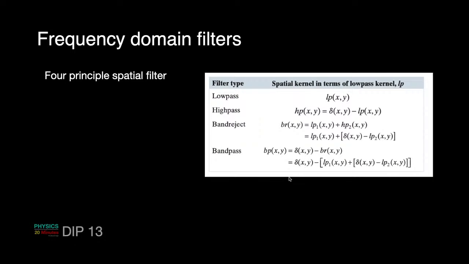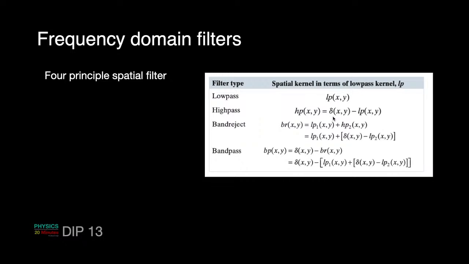Here is the mathematical relation. LP(x,y) is the low pass filter, a function of x and y position on the image. If LP(x,y) gives your low pass filter, then your high pass filter HP is the maximum, remember the 1 which was there in the previous example.